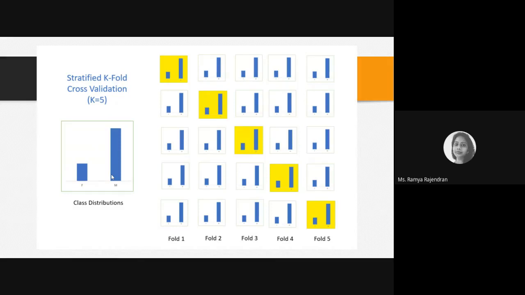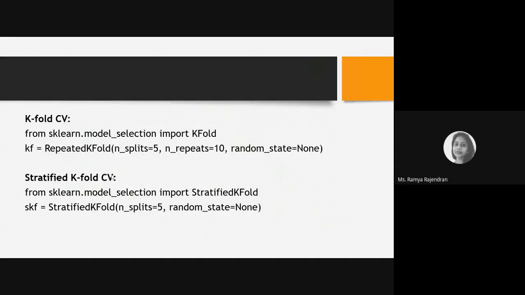So I'm going to give you a snippet of the code here. You just have to import KFold for k-fold CV, and StratifiedKFold for stratified k-fold. It's very easy. You mention RepeatedKFold when you want to repeat the iteration again and again.